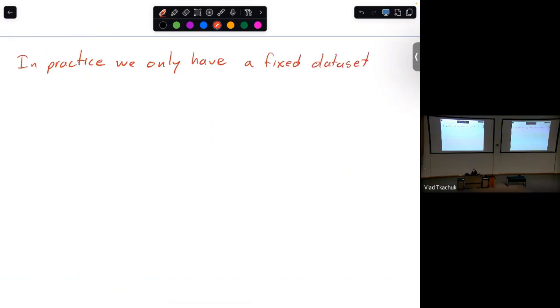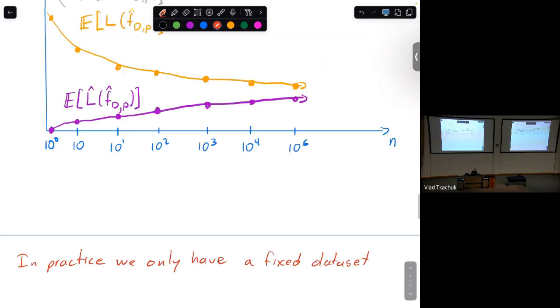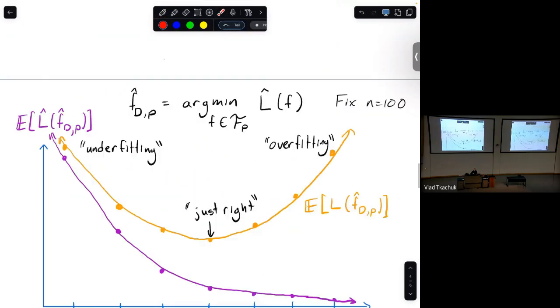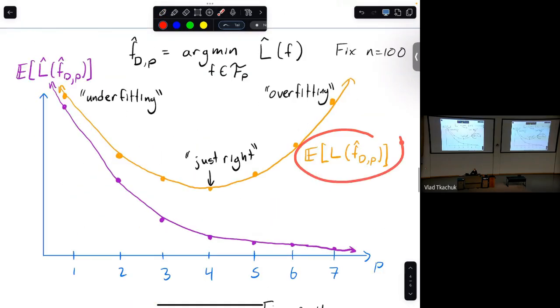Okay, so the problem is that in practice, we only have a fixed data set. So how do we tell if we're overfitting, underfitting, and whatnot? In other words, how do we get an idea of what this quantity is for our particular data set?